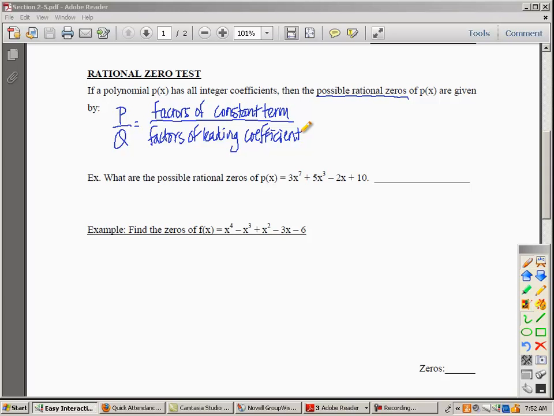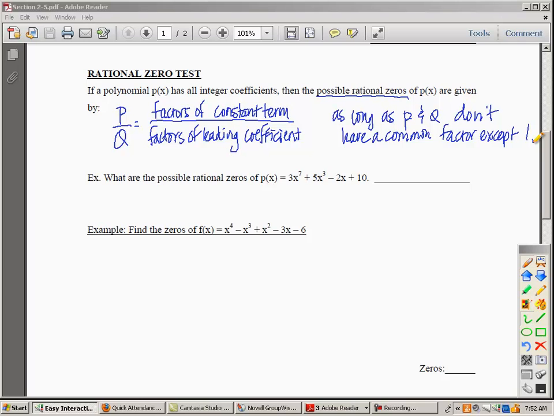Now this is true as long as p and q don't have a common factor except 1.